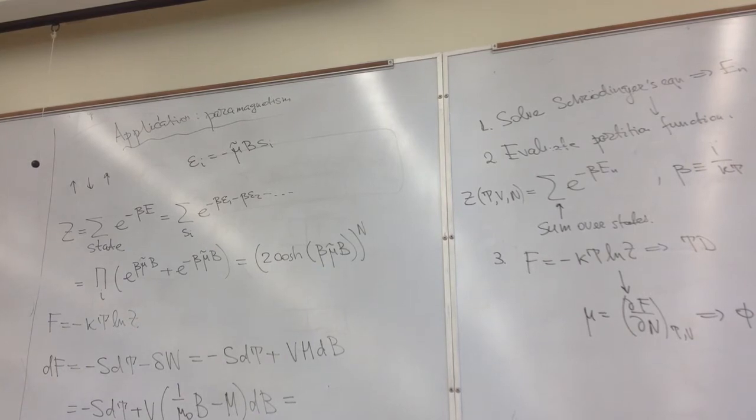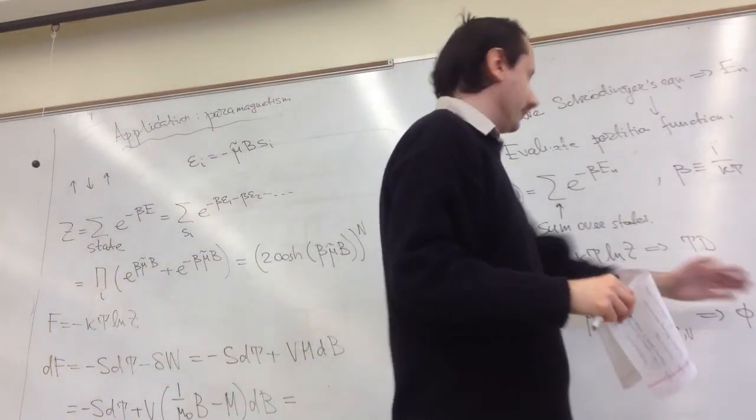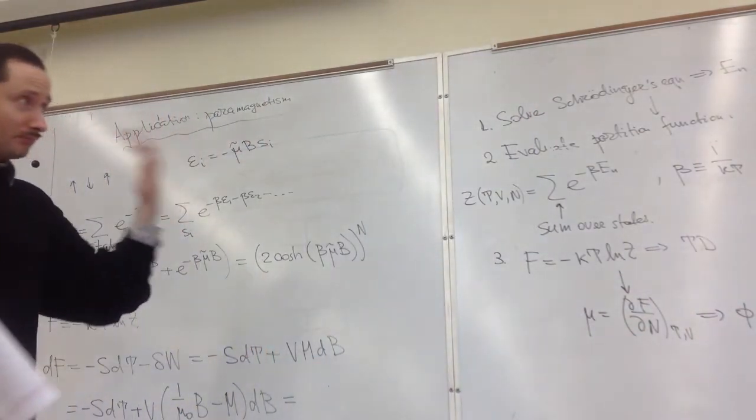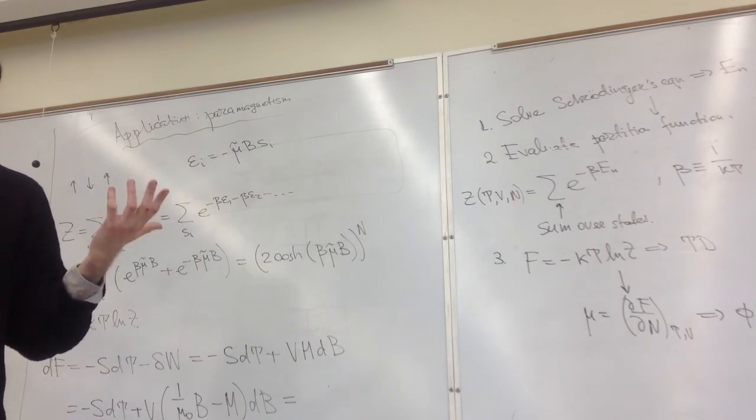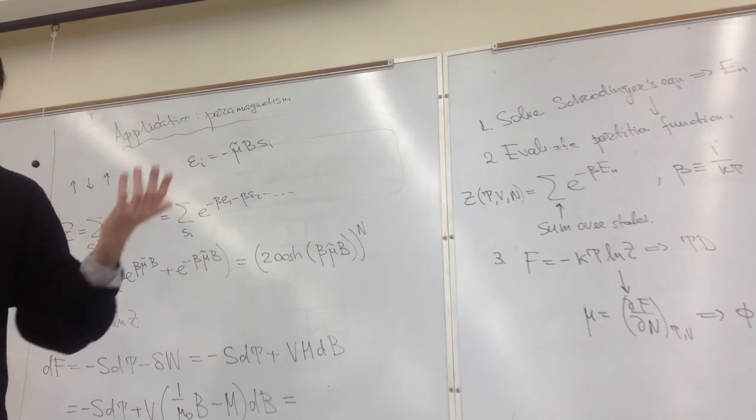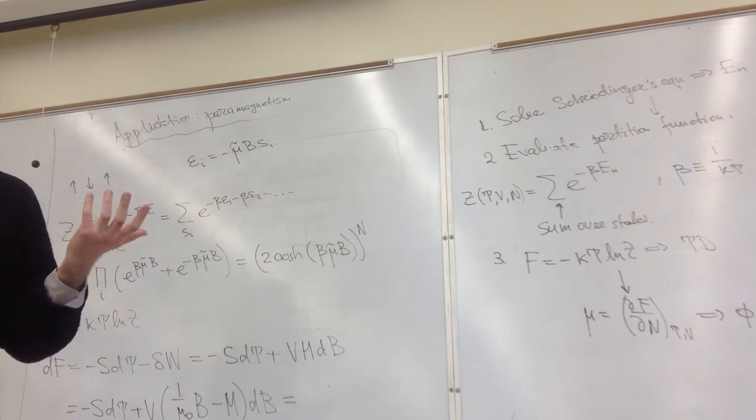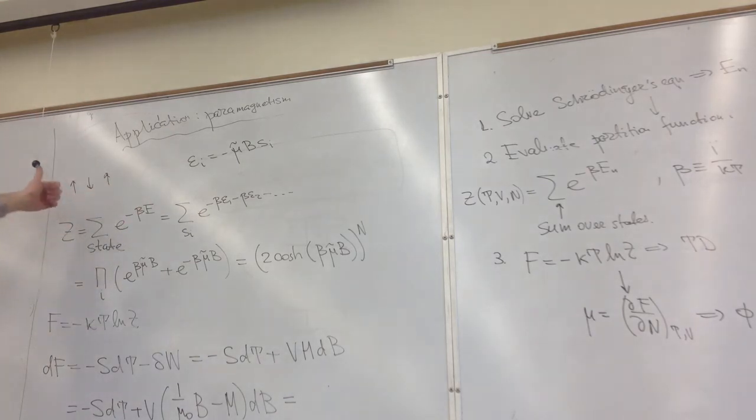So again, what are we after? Our final goal is to find F, which we already did, but then to compute various things from this F. For example, we might want to know what the total magnetization is. If you don't apply any external magnetic field, the total magnetization of your sample is equal to 0. But if you apply a magnetic field, your spins want to orient themselves along the magnetic field, and there will be magnetization. So we might want to compute magnetization.